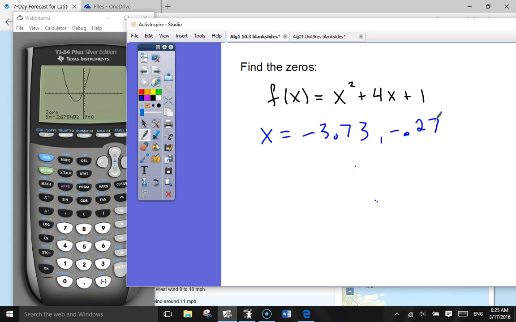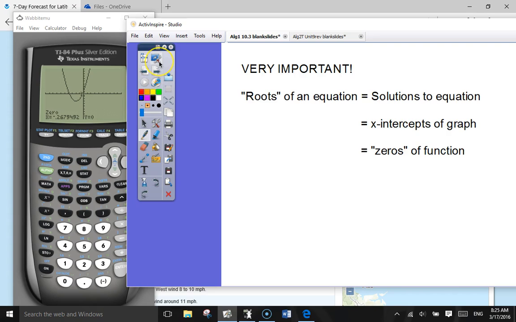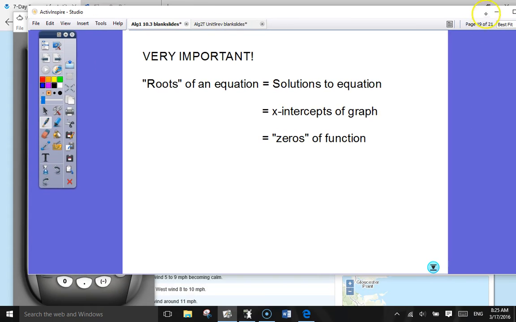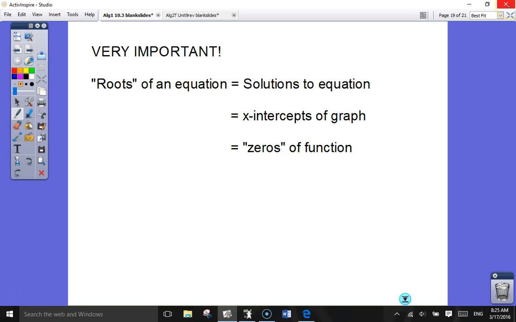You should do more. No, we don't have enough time to do that. So just remember, this is important. This is one of the main learning points here. When you solve an equation, those are called the roots of the equation. They're also the solutions to the equation, because that's what you got when you solved it.